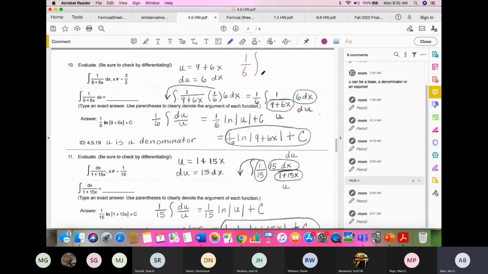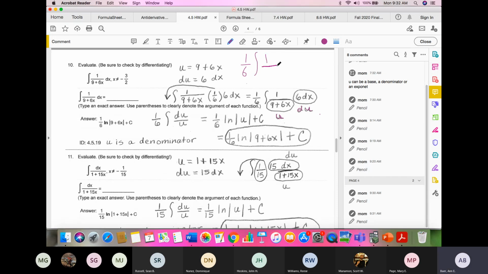Just want to make sure everybody understands, this du is really 1 times du. So there's really a 1 up here, divided by this u down here. And then we could put the du to the side like this. No harm in doing that, because 1 times du, when written in this form, is still just du.